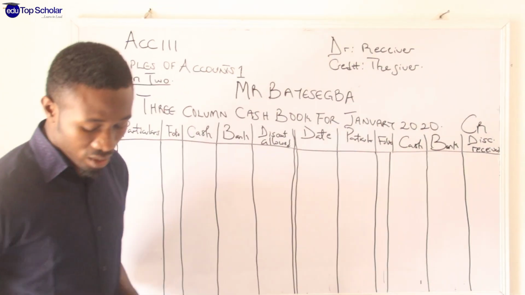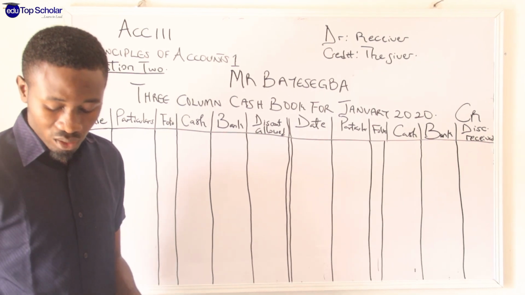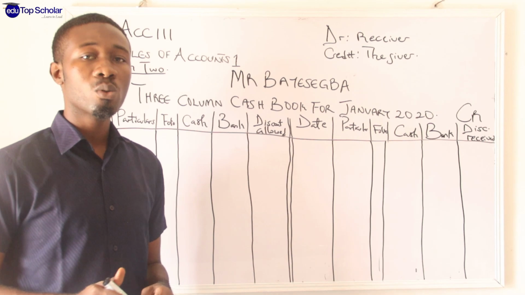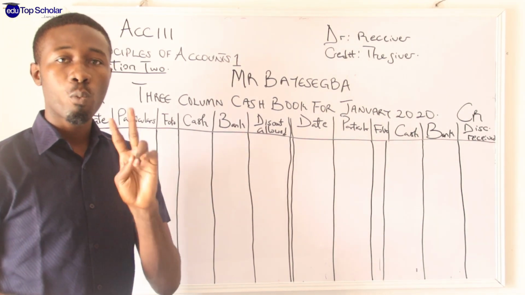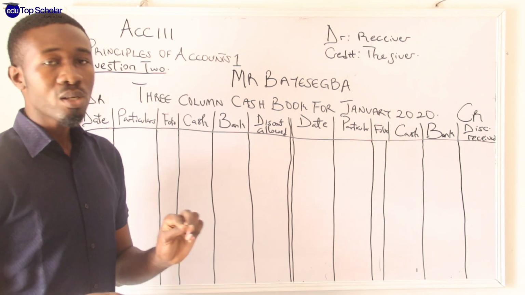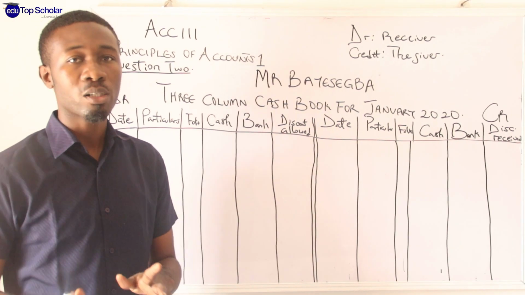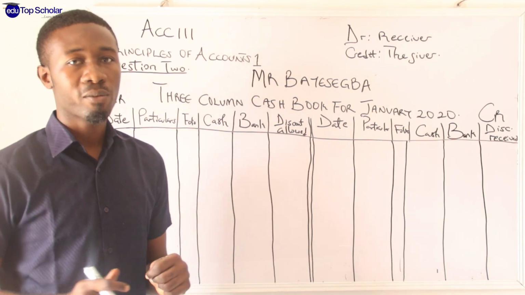So for this purpose now, they said Mr. Baye Shegba commences business on January 1, 2021. One thing that is important to note is that for every transaction, it will require two parties. First thing you need to do is to identify the two parties related to that transaction. And when you identify those two parties, the question is half solved.